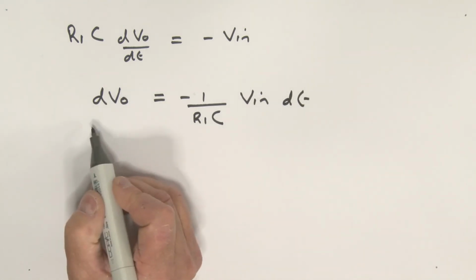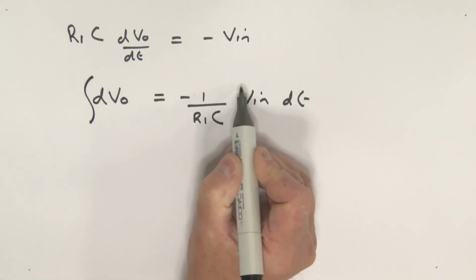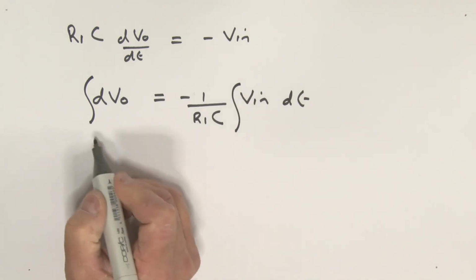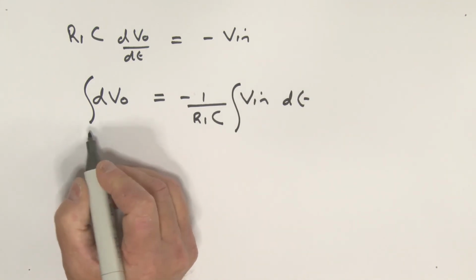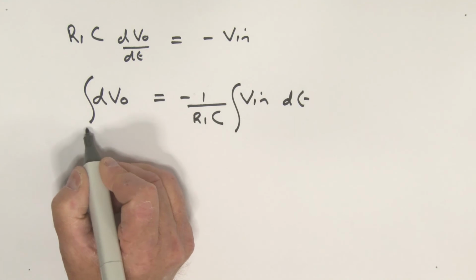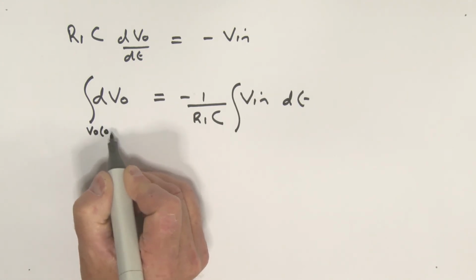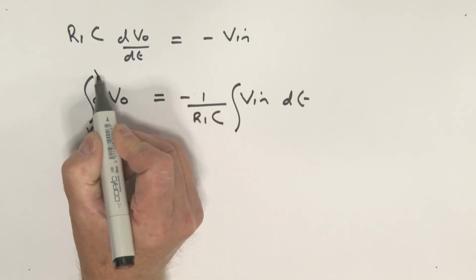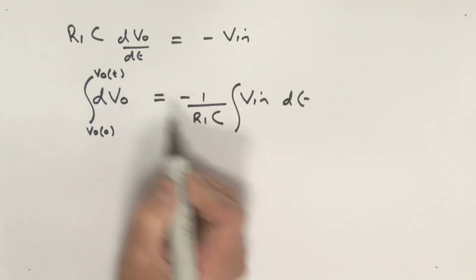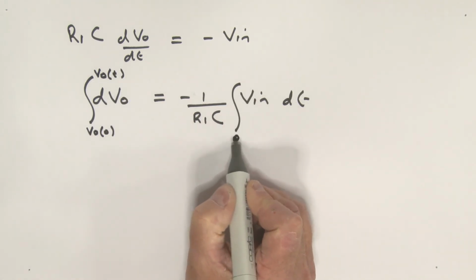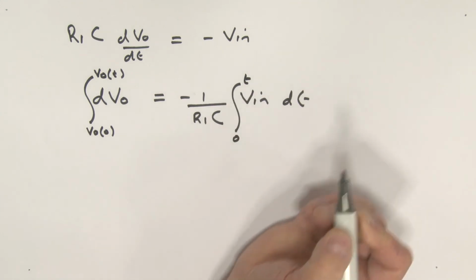And so if we now integrate both sides, the limits of integration as before, we're going to have a value of VO at time 0, a value of VO at time t, and limits of integration over here will be simply 0 and t.